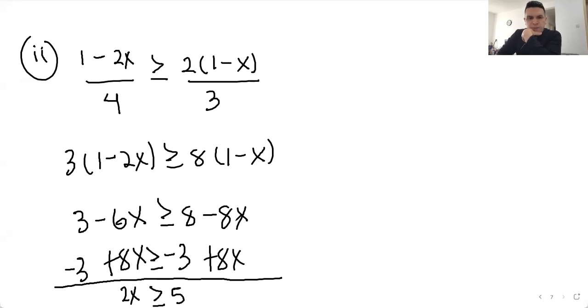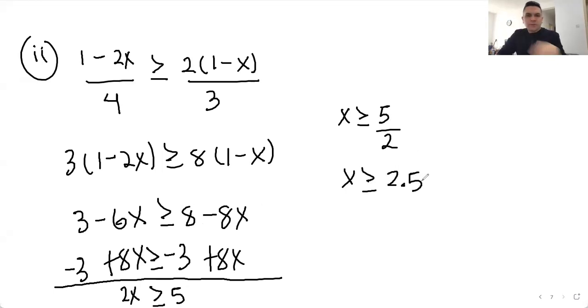And then these two become 0. And now I just have to divide everything by 2. And I get x greater than or equal to 5 divided by 2. 2.5, right? And that's it.